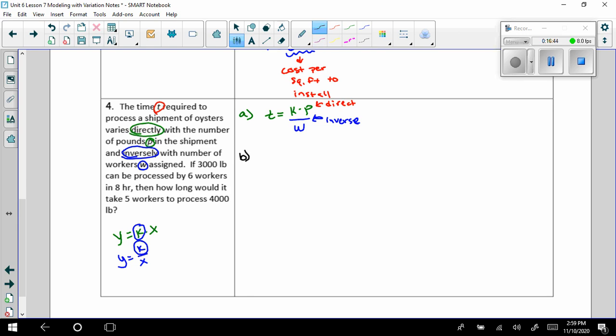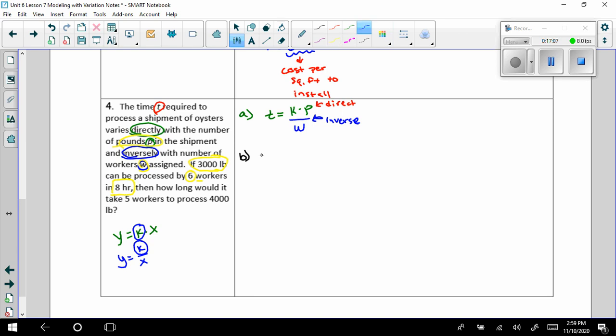Okay, so that's the biggest difference with this one. All right, we're still going to solve it the same way. So it says if 3,000 pounds can be processed by 6 workers in 8 hours time, then how long would it take 5 workers? And we don't need to answer that question yet.